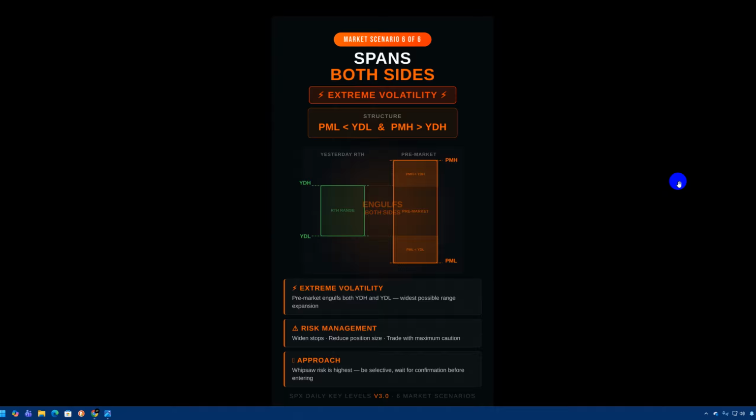So high volatility, usually news and event driven. A lot of directional uncertainty. There can be a lot of whipsaw risk. Usually you need to use wider stops if you're going to be trading at all. But like I said, a lot of day traders prefer this market scenario as it provides a lot of volatility, a lot of range in both directions, again, until it finally decides on a direction that it's going in for the rest of the session.